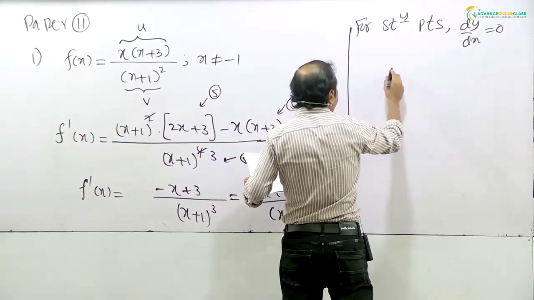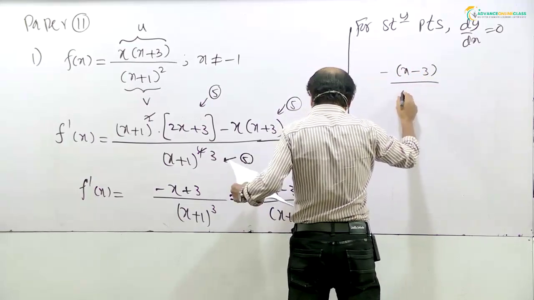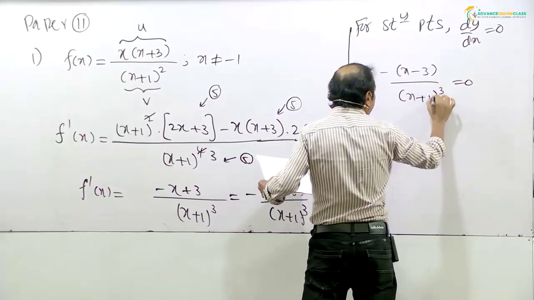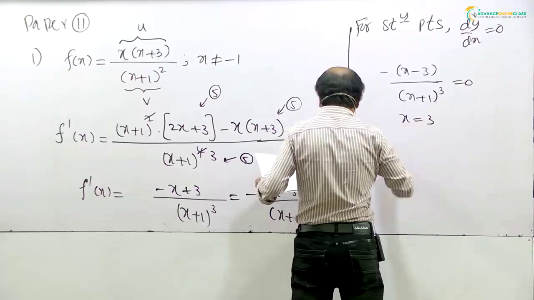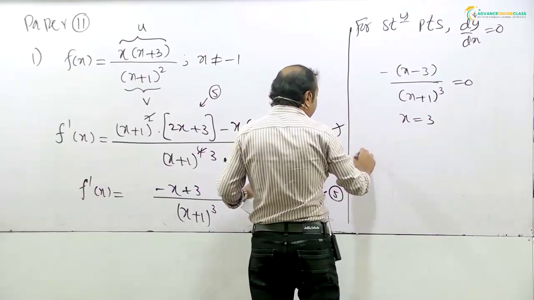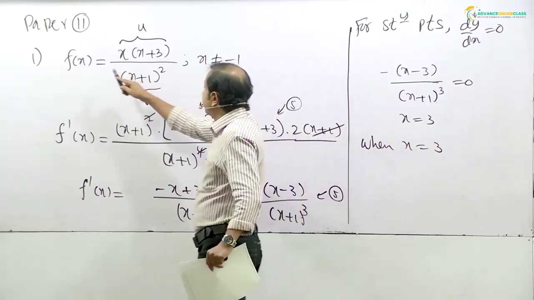That means f dash x, minus x minus 3 divided by x plus 1 cube, equals 0. Okay, x equals 3. Okay. When x equals 3, find y. Substituting that we are here.